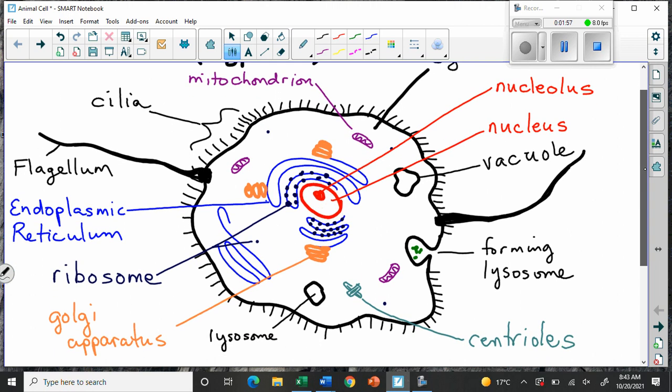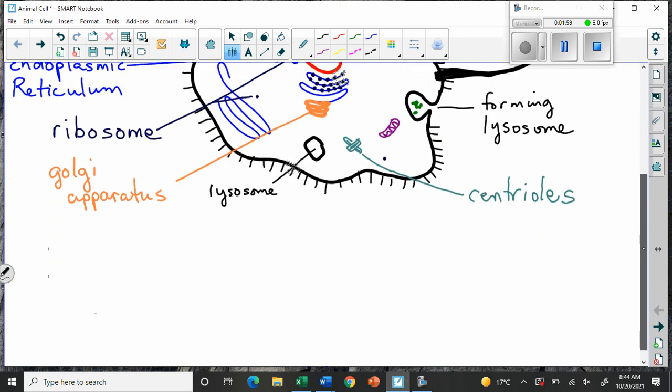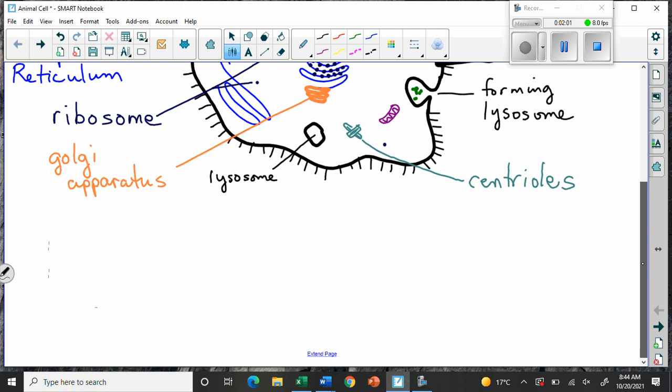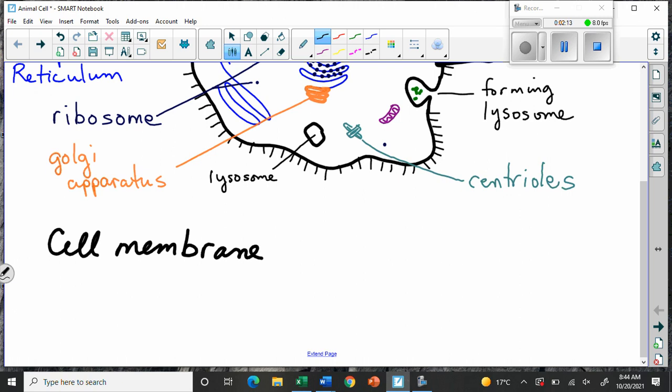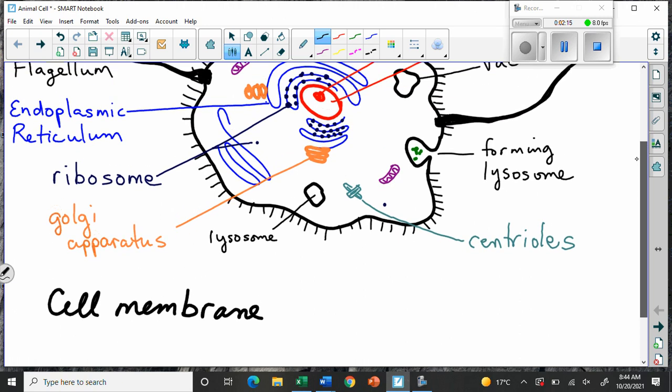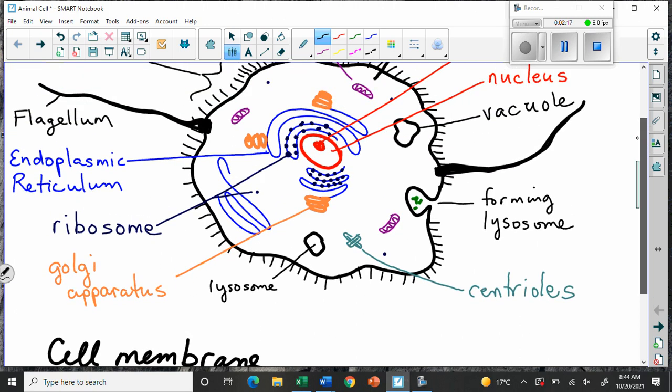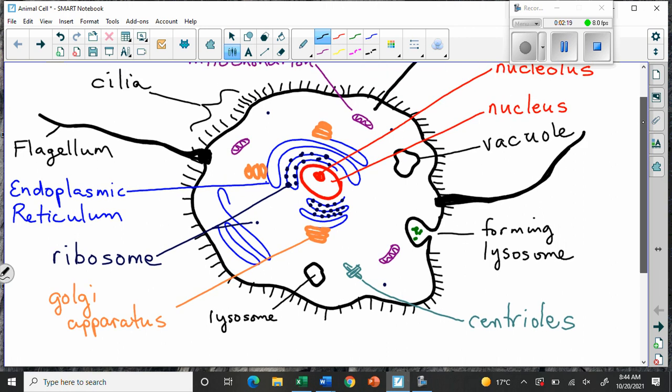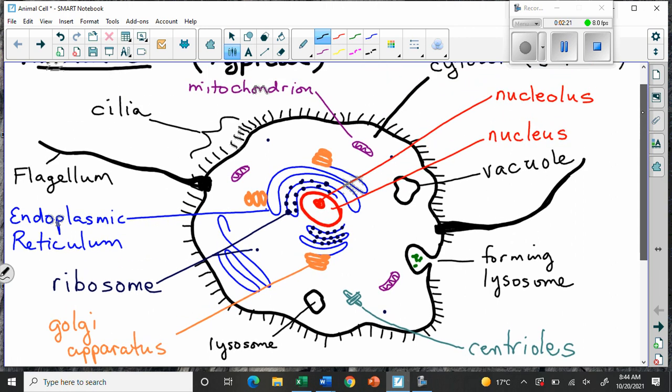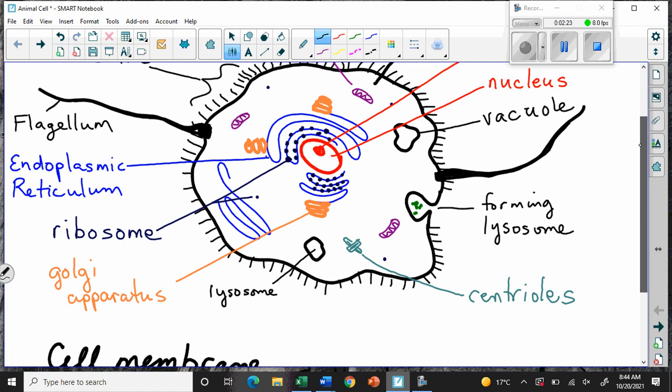Okay, so now what we're going to do is we're going to go down below here and we're going to start to write little explanations of what each of these structures actually does. And so we'll begin with the cell membrane. Perhaps we did not label that one either. Now it occurs to me, if we go back up here, we labeled everything around it except not the membrane. So again, I'll add one more little arrow.